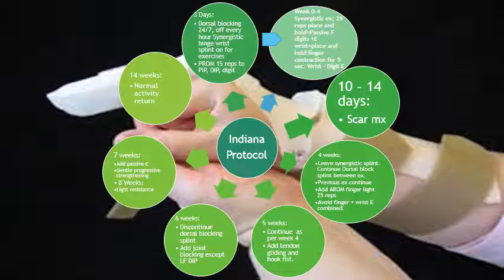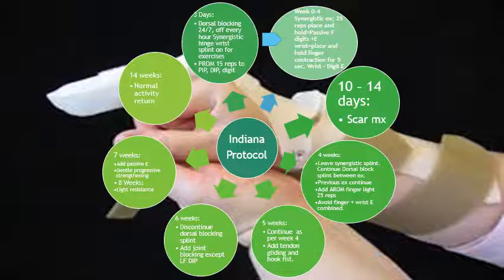From week 5, continue with your exercises as per week 4, but here add your tendon gliding and hook fist. Week 6, here discontinue your dorsal blocking orthosis, but add joint blocking except for the little finger DIPJ.